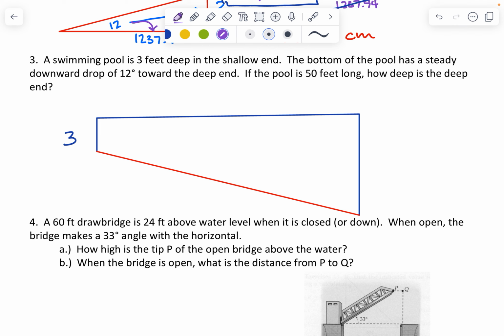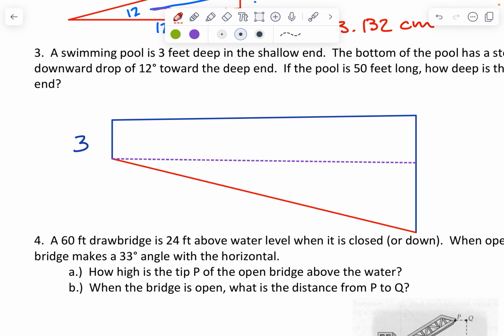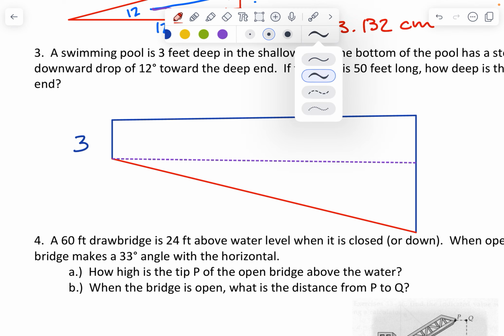So what you need to do is actually separate this into two shapes, because your angle of decline, angle of depression, is 12 degrees. And so we've got a rectangle and we've got a right triangle.